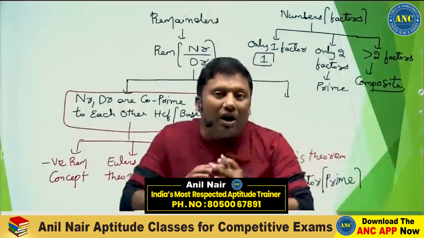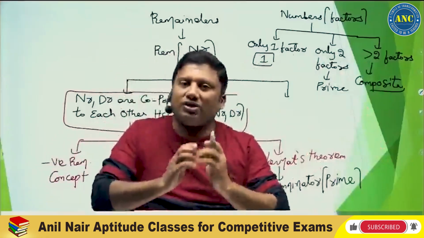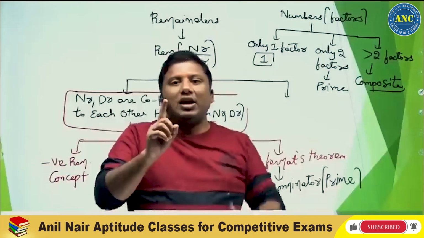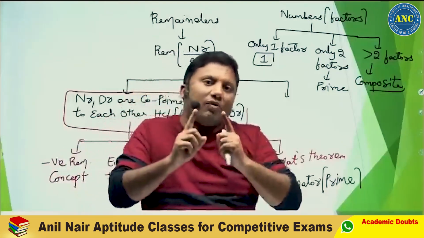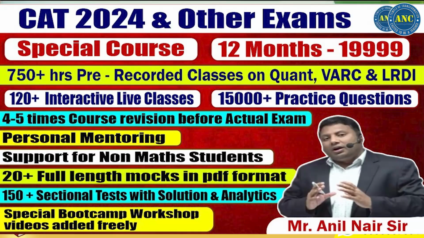Depending upon the number of factors, there are three kinds of numbers. A number which has got exactly one factor is called 1. 1 is a factor for every number.